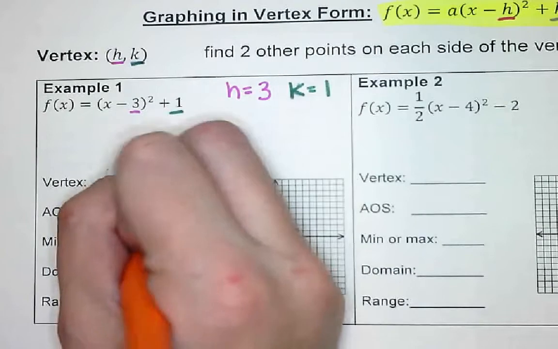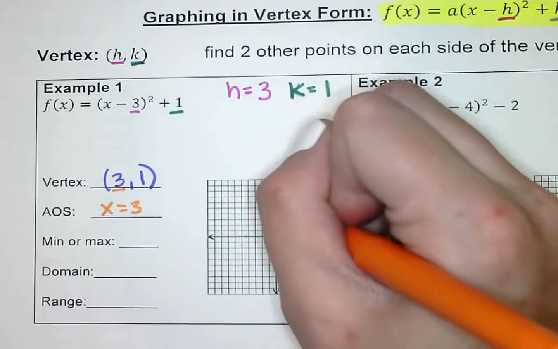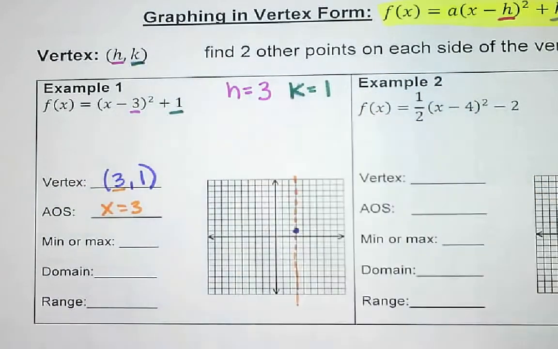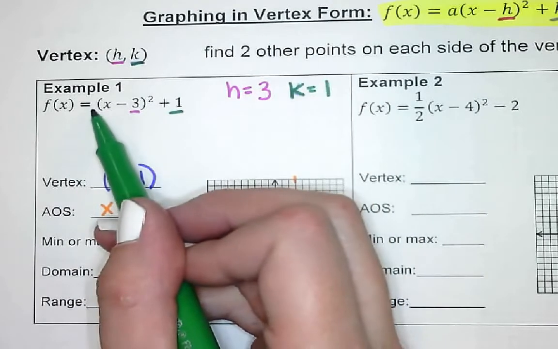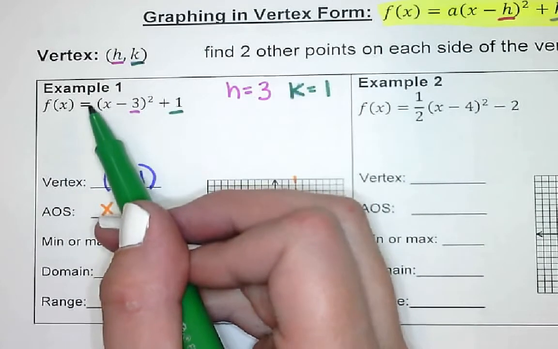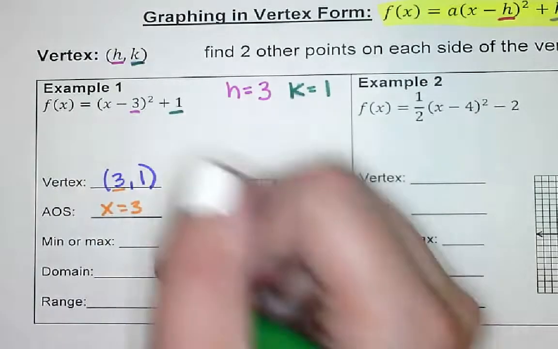Give myself a little line through. That's my axis of symmetry. Okay? Just really quick, y'all. Is this going to be a min or a max? Ooh, okay. The A value is positive, so that means it's smiley. So it's going to be a minimum of 1.